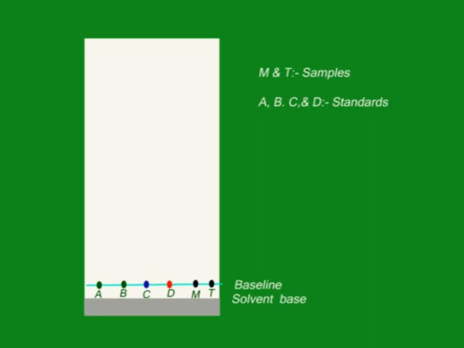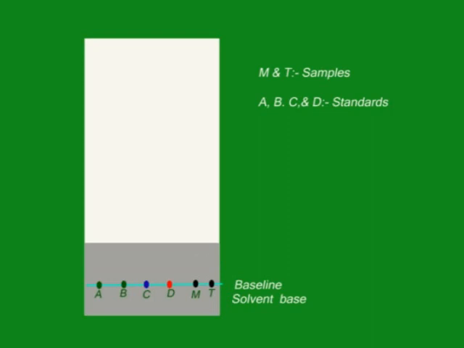Now, when we dip this adsorbent material in the solvent, the solvent will have risen up to where the solvent base is indicated, and then given time, the solvent will rise through the adsorbent material. It reaches where the spots have been placed, dissolves them, and then continues to rise.